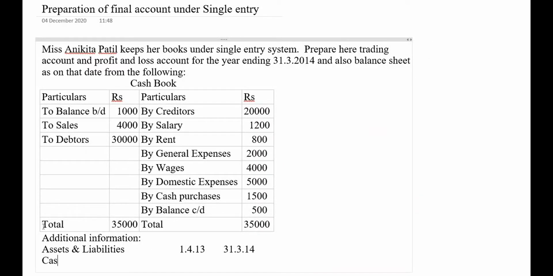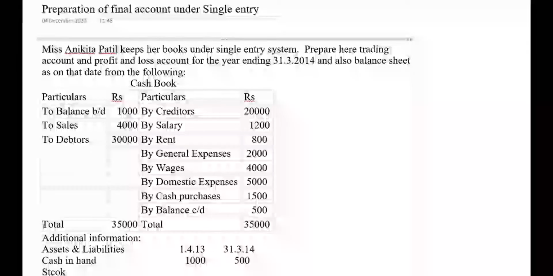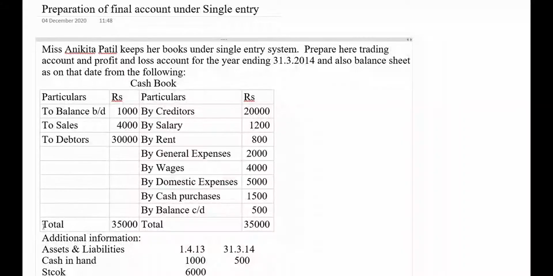So cash in hand given as rupees 1,500. Then stock 6,000, then 9,000.